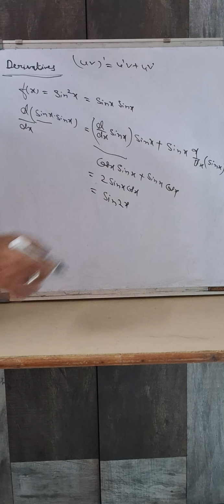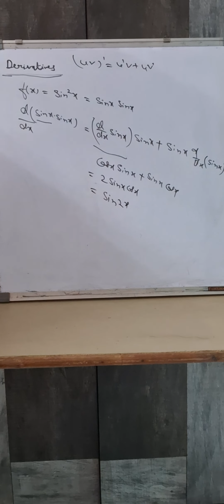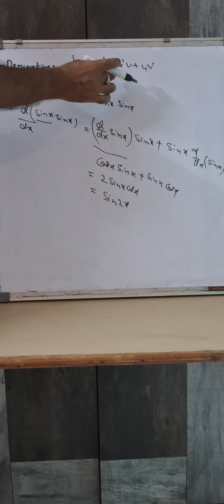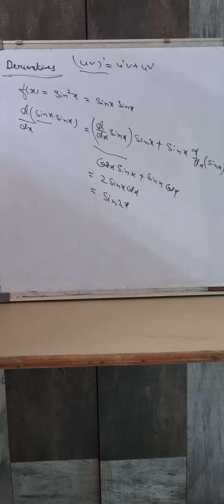I use this if a function is given as a multiplication of two functions: we find the derivative of the first function keeping the second as it is, plus keeping the first as it is and differentiation of the second.